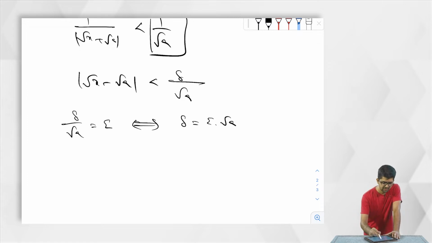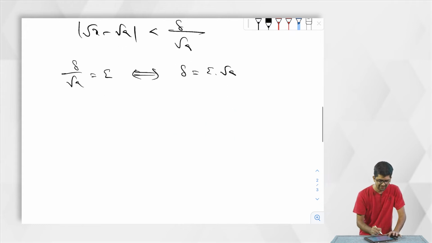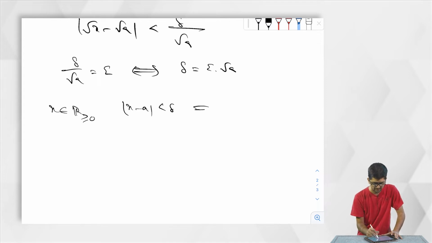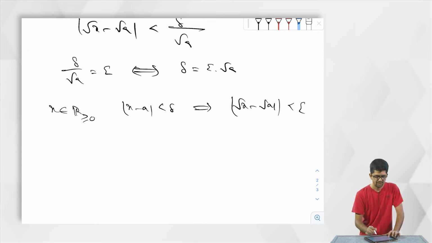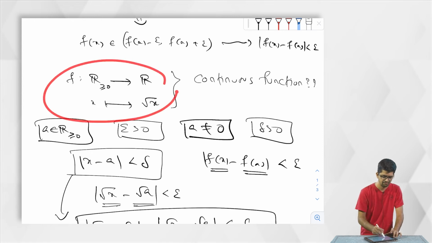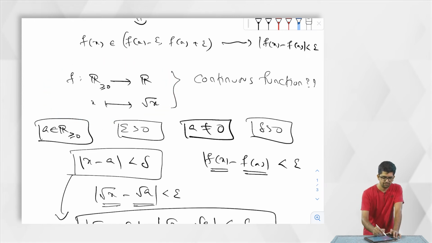So given epsilon positive, if we take delta to be epsilon times root A, then for any x belonging to R positive with mod x minus A less than delta, we have root x minus root A less than epsilon. So this says this function f is continuous at every point A that is non-zero.